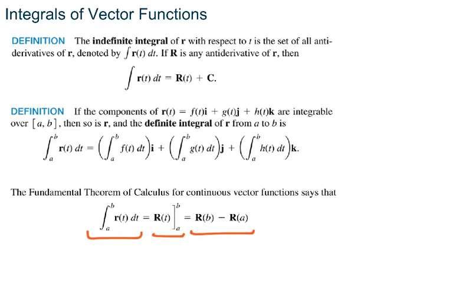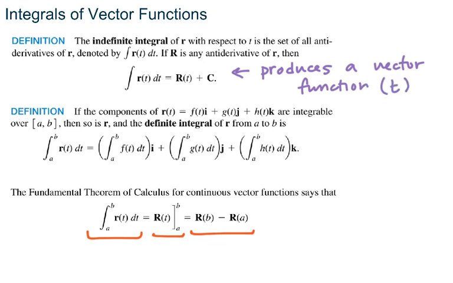Notice that any antiderivative of a vector function is also a vector function. So this produces a vector function, meaning we will still have t's in our result.